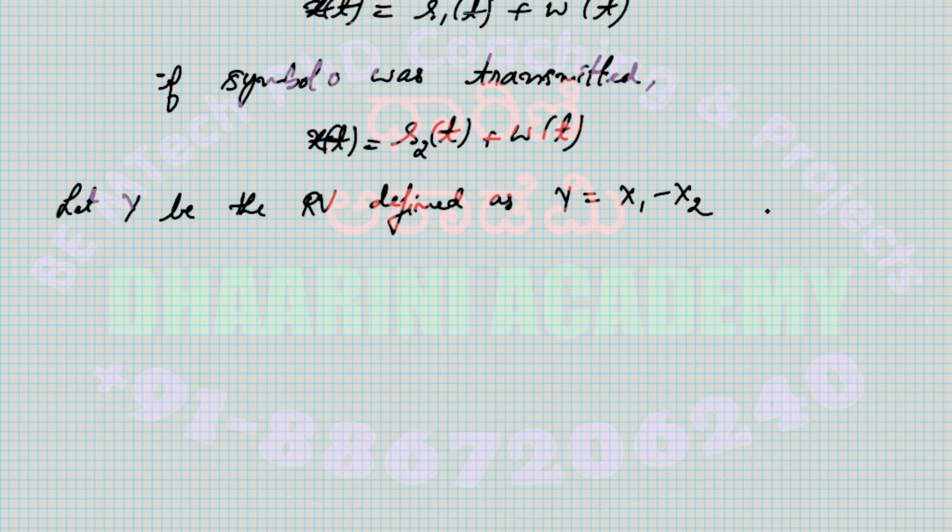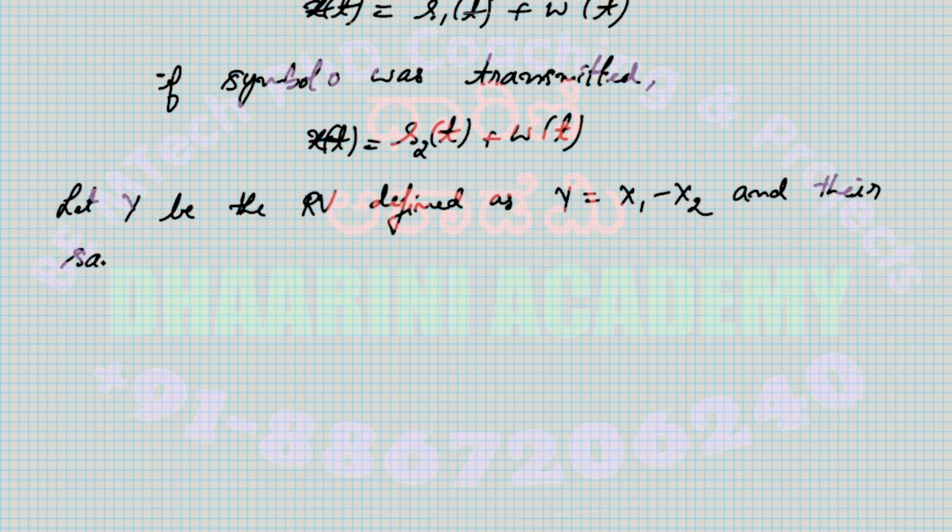X1 is the received symbol and X2 is the other received symbol. You obtain X1 and X2 after you correlate the received signal with phi 1 and phi 2. That's very clear.